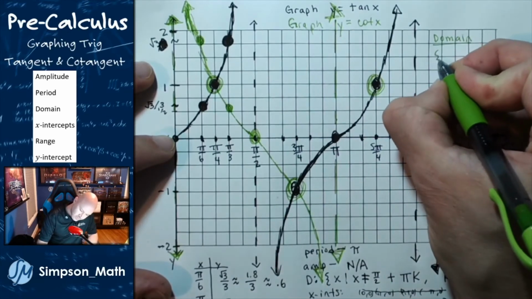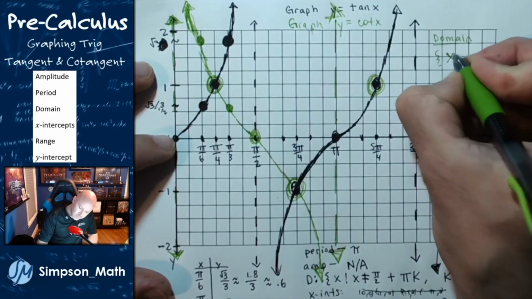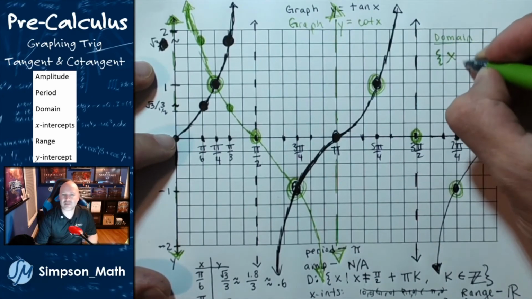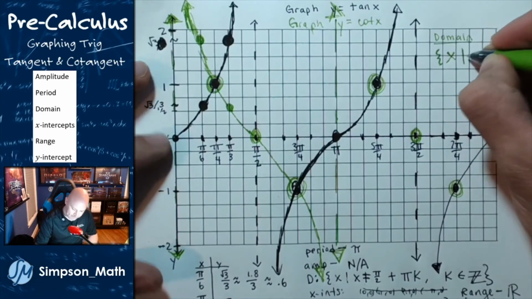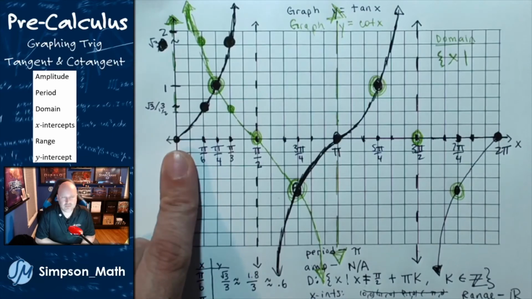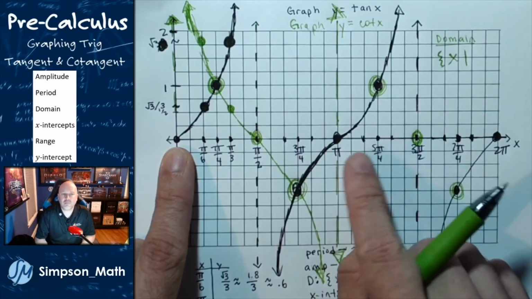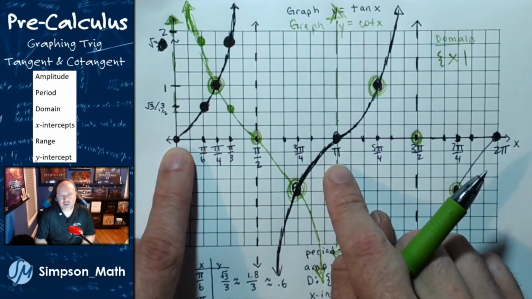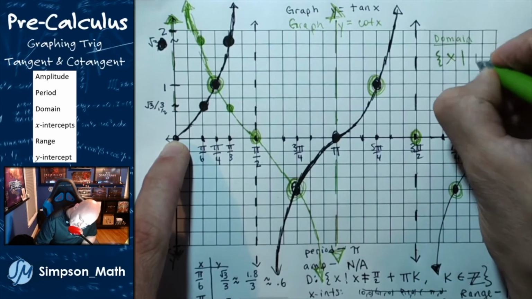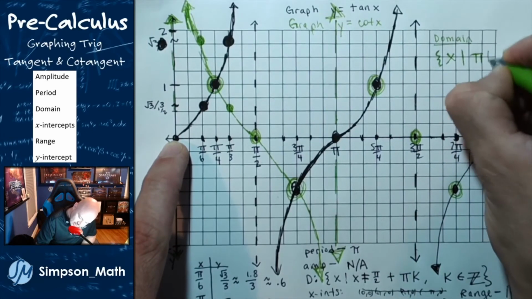All right, let's see if I can do this. The set of all the x values. I think I'm finally going to try to be smart here, such that x cannot be 0 plus pi. Well, that 0 plus pi is ridiculous. So I'm just going to say pi k.